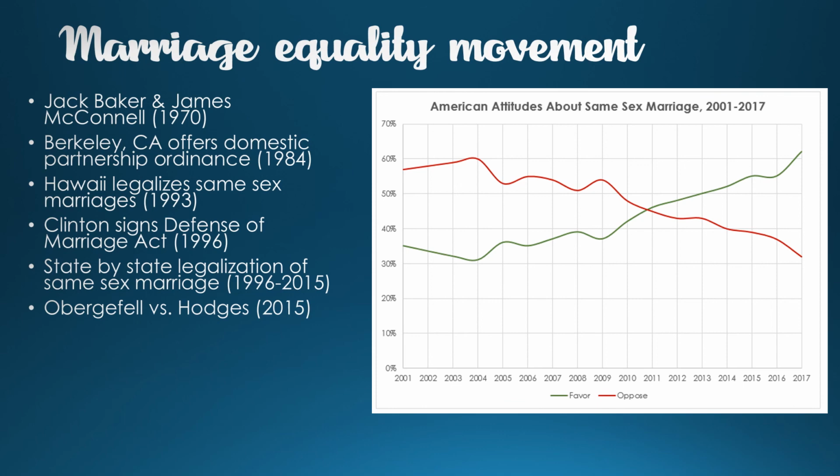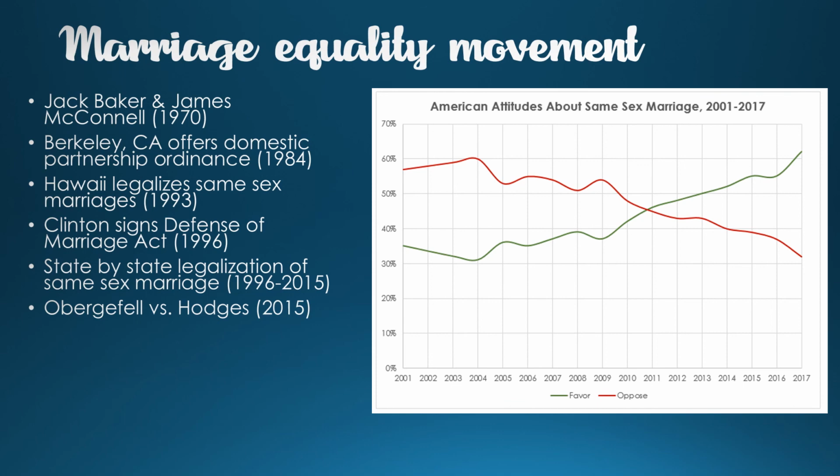In 1984, Berkeley offered domestic partnerships for its city residents. Then it took almost a decade for a state to legalize same-sex marriage in 1993. When Clinton was in office, he tried to overturn this state-by-state initiative by signing the Defense of Marriage Act, or DOMA.